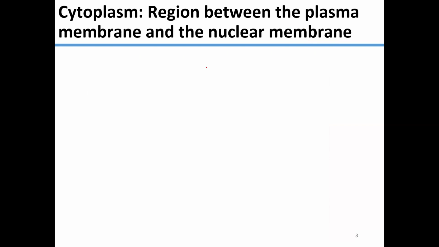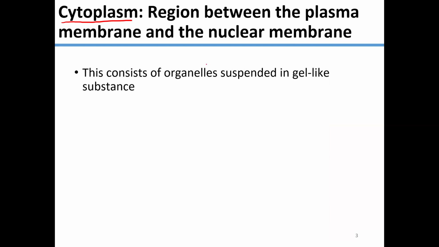So one of the first things we need to understand is exactly what's going on on the inside of these cells and how everything is suspended. And that's where our first organelle comes into play, which is known as the cytoplasm. Now, the cytoplasm is just the area between all of our organelles and membranes.